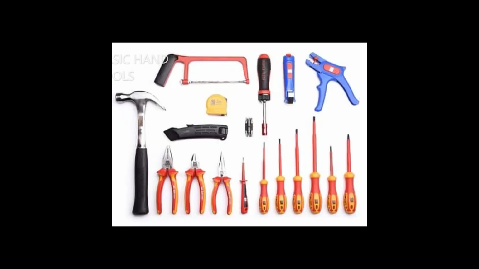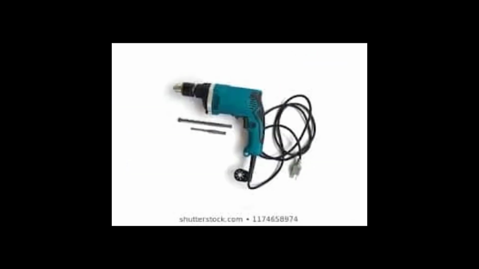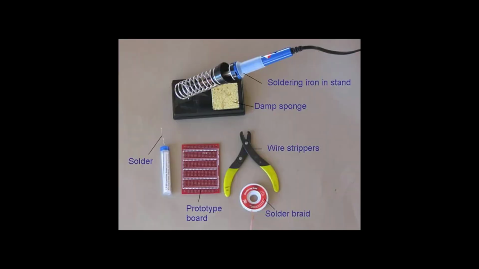Of all these tools, there are some basic hand tools that you need to know. Here are some basic hand tools images such as pliers, screwdrivers, trimming knife, wire stripper, measuring device, hammer, drilling tool, and soldering tools. We will go into detail about these basic hand tools later.